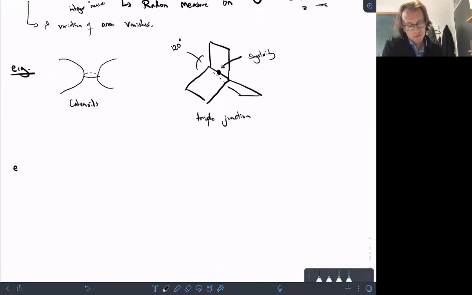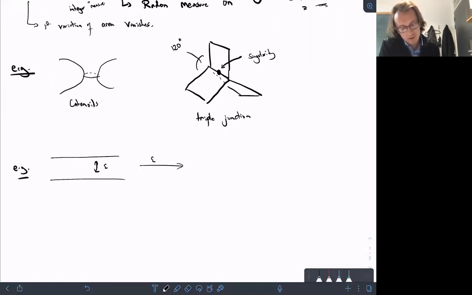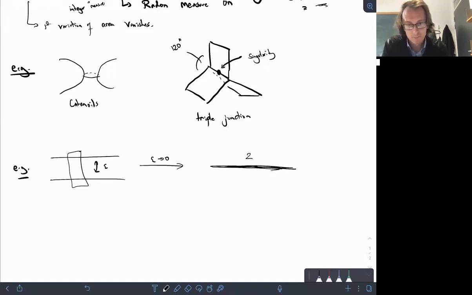So to illustrate this, if you just take a very simple example of 2 lines, which are some distance epsilon apart, as we take epsilon to 0, this will limit onto a line, but now it's going to have double the mass because we're taking the measure in a region. So if we take a look at the measure in this region, the measure is going to converge to twice the measure of the line. So what we end up with is a very thick line, or just multiplicity 2, so double the multiplicity.